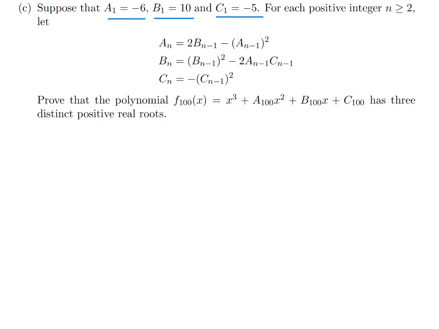Okay. All right, so the setup is, this equation they want us to prove has 3 roots, so let me call them R1, R2, and R3, and that they're distinct, positive, and real, very similar to before. All right, here we go.